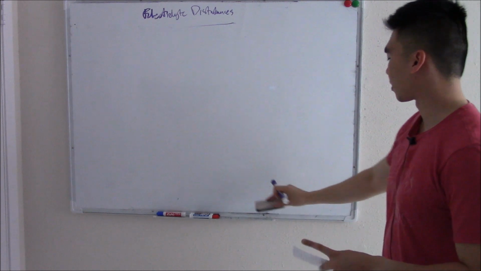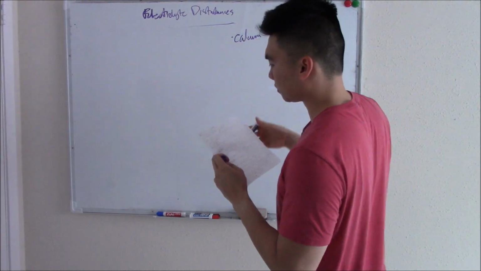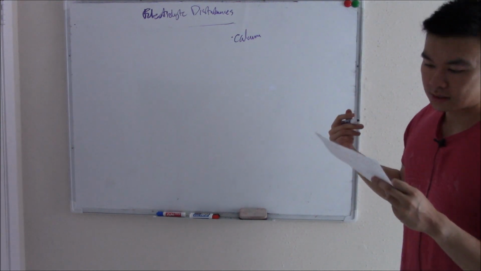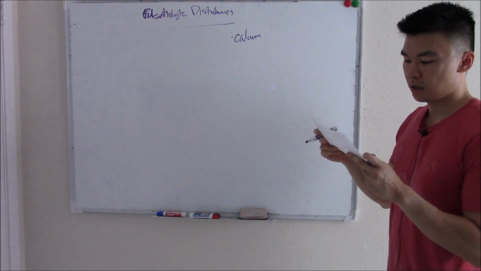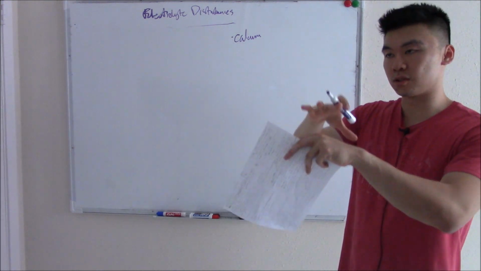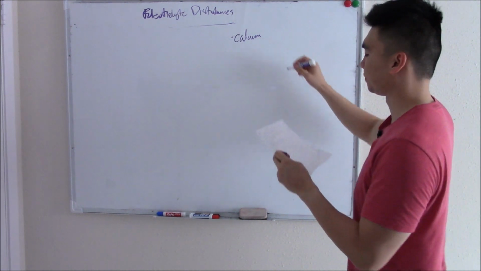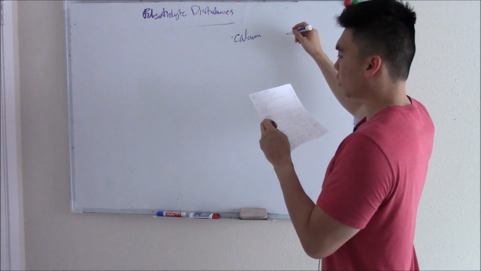Last but not least, let's talk about calcium. Kind of already mentioned it. Calcium is seen in your bones, seen in your blood. You need to know that calcium helps stabilize the cell. It binds to stabilize the cell. That's why we gave calcium in hyperkalemia, to stop the arrhythmias, right?